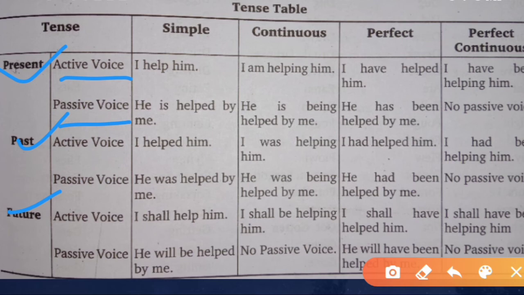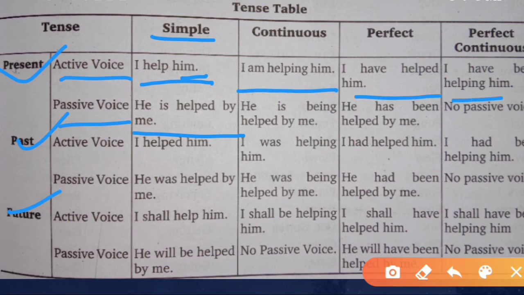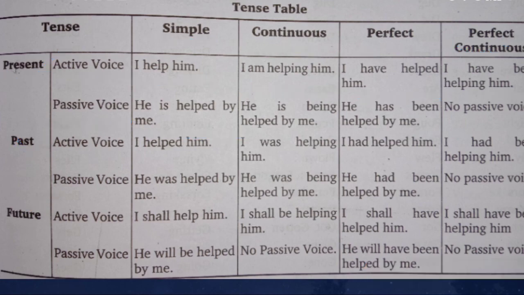Active voice, simple present: I help him. And passive will be: he is helped by me. Actually the object him changes to he. The other examples are the same as I told you: I help him, I am helping him, I have helped him, I have been helping him. Simple, continuous, perfect and perfect continuous.